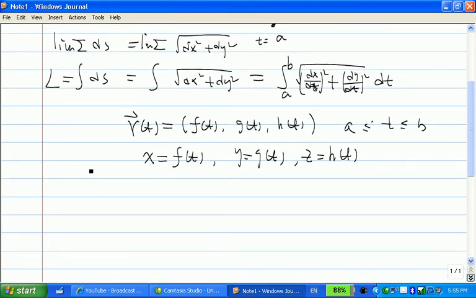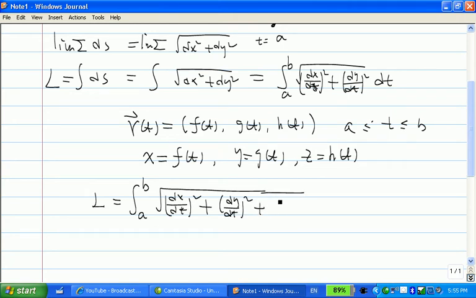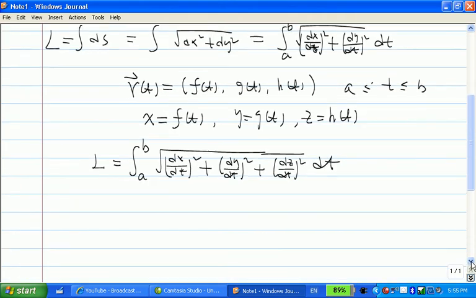Okay, so by the reason I explained to you, the arc length for the curve in space is similarly like this: the integral of the square root of dx dt squared plus dy dt squared plus dz dt squared, then dt. Just add one more variable.